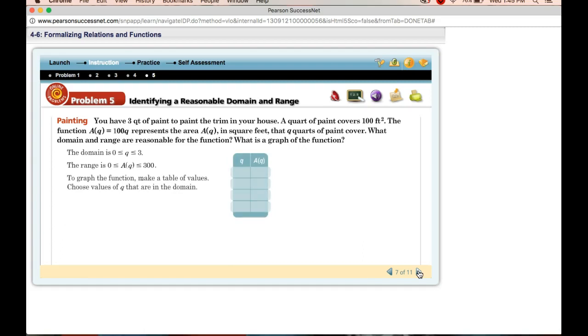To graph the function, make a table of values. Choose values of q that are in the domain of the function. These integer values are in the domain of the function.